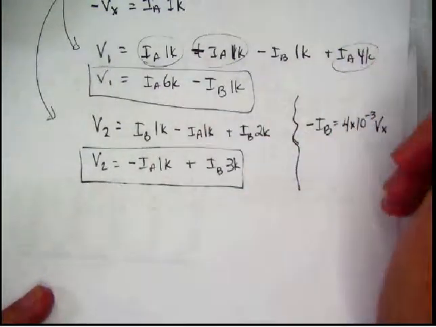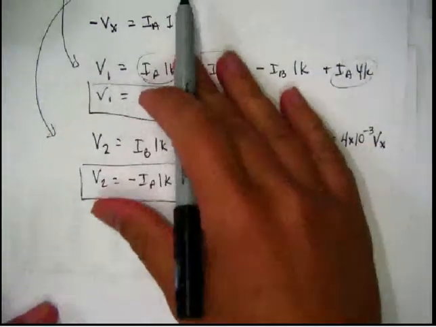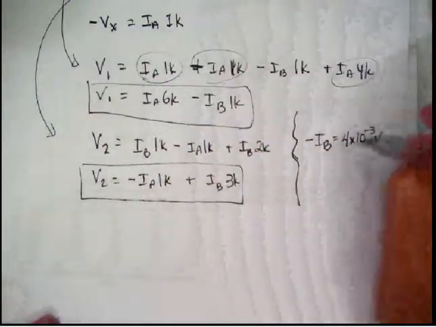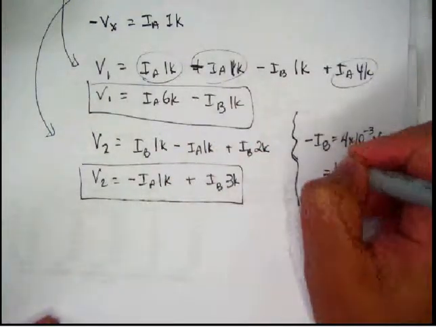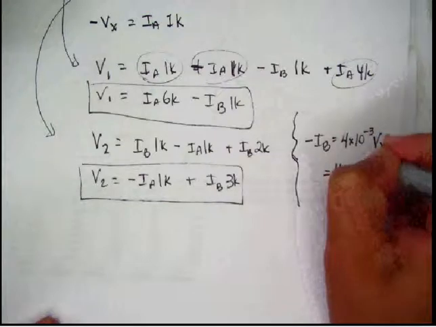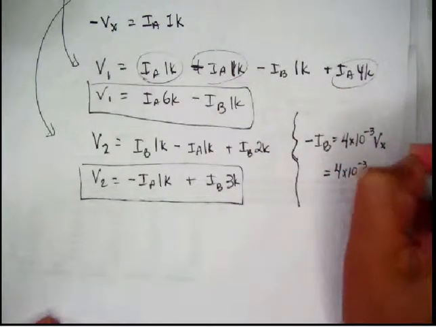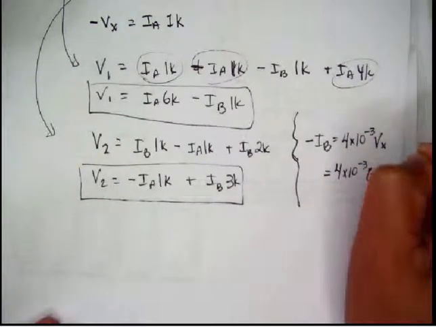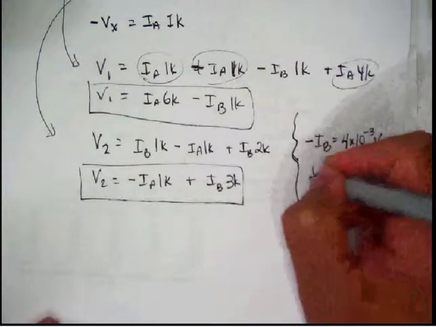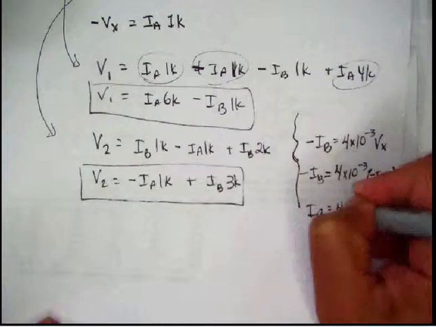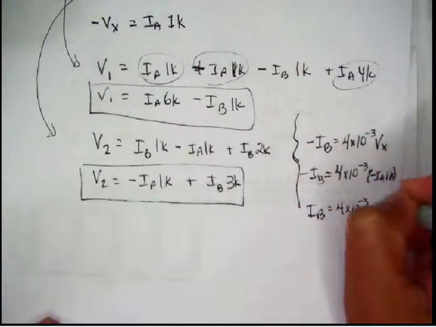And we know that Vx is negative IA times 1k. So 4 times 10 to the minus 3, negative IA, 1k, and the negatives cancel, and we get IB is equal to 4 times 10 to the minus 3, IA, 1K.